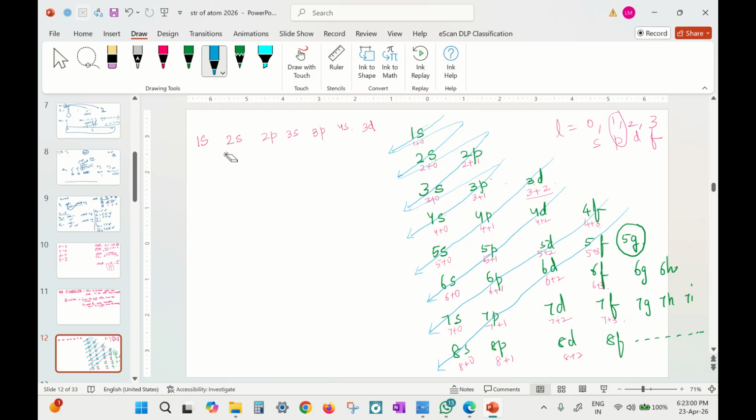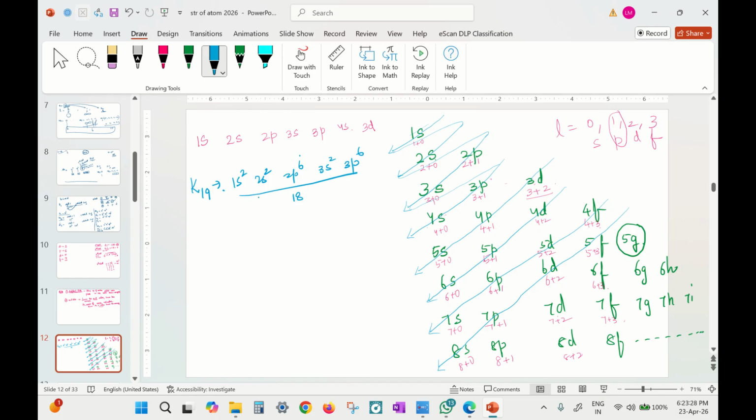So if I go for the electronic configuration of something like potassium, with atomic number 19, what would be the configuration, come on? Can we put it as 1s2, 2s2, 2p6, 3s2 and 3p6? So far 18 electrons. This is basically argon's electronic configuration.